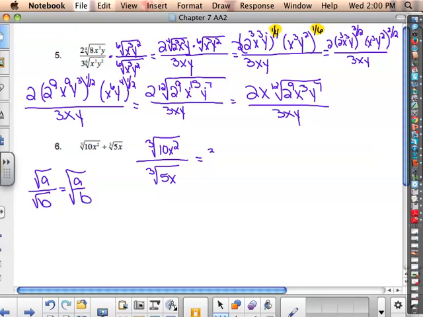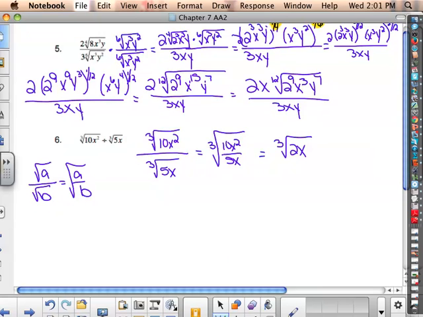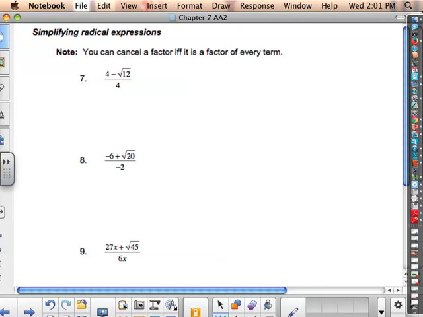So this becomes the third root of 10x squared over 5x. So now you can reduce that to the third root of 2x. And this is another one of those procedures that you just have to practice and practice and practice to become proficient at.